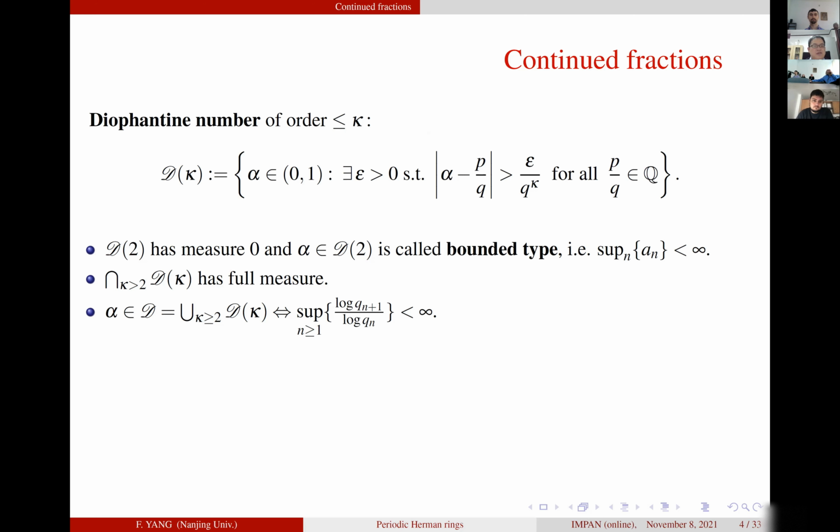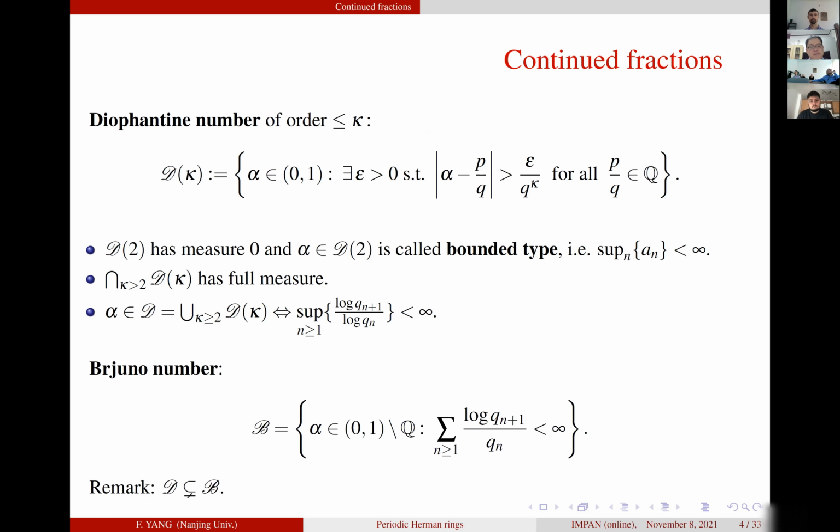And there is another characterization of Diophantine numbers. The Diophantine numbers D is the union of all D kappa with kappa greater than or equal to 2, and it is equivalent to this inequality: the supremum of log q_{n+1} over log q_n is finite.